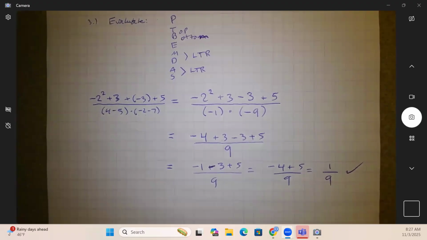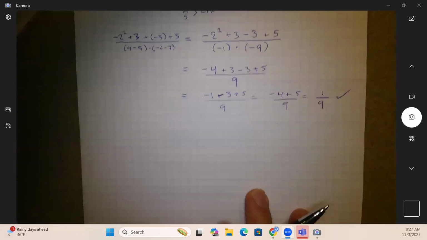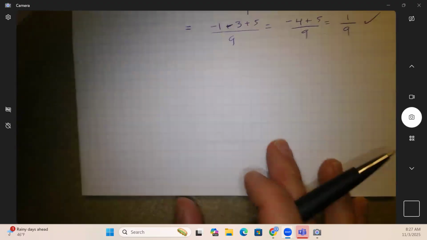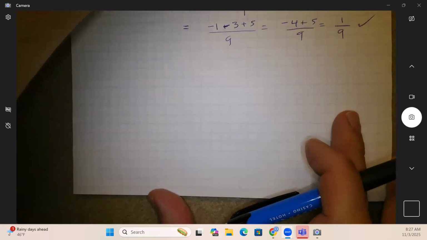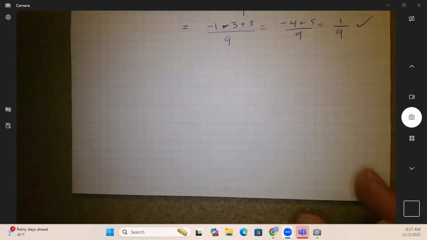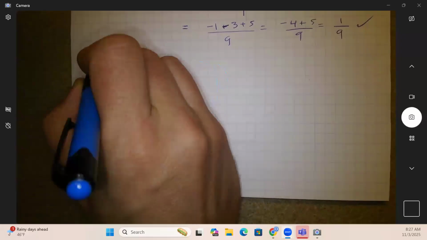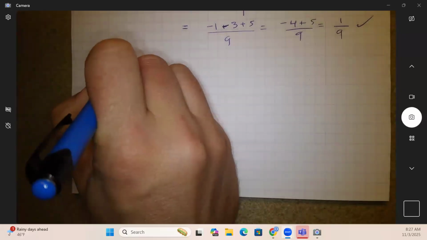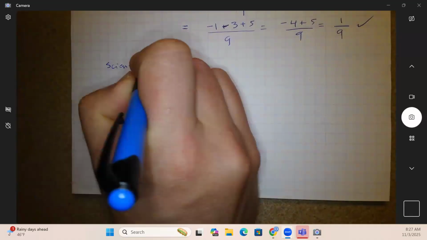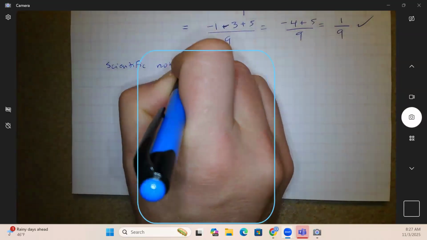All right, that's our first mini topic from 4.1. 4.1 is actually 3 mini topics. The first one is how do you evaluate more complicated expressions? The second mini topic, and this is something that you get to come back to again and again in Math 70 and 95, is scientific notation.